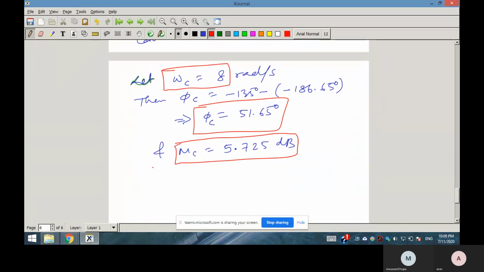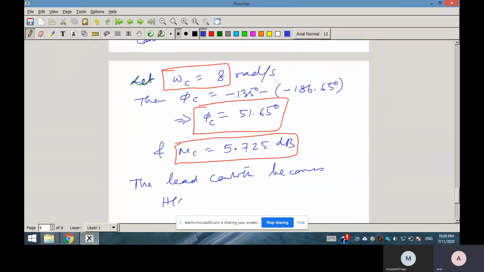So if you follow the same approach as we have seen earlier for designing the lag lead controller using the algebraic approach, then to meet all these specifications, omega c equal to 8, phi c as found, the lead controller becomes, I am not designing again, you just check whether you are getting this controller or not. Specification means omega c, phi c and MC: MC dB gain amplification, phi c phase lead, and omega c the gain crossover frequency.